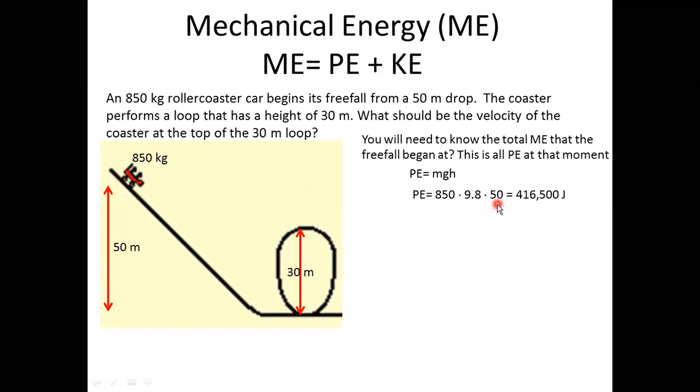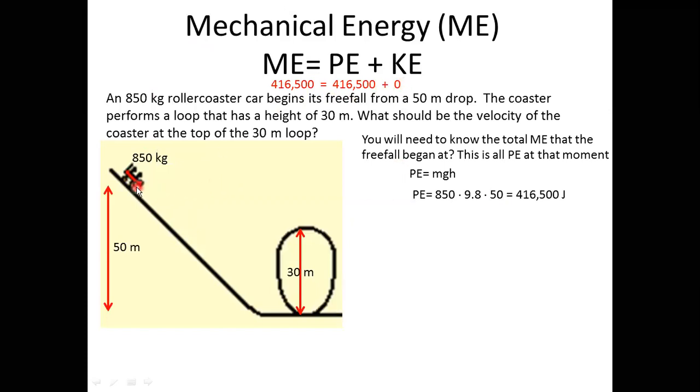We end up with an initial amount of energy stored as potential energy of 416,500. So all of our mechanical energy happens to be potential energy to begin with. There is zero kinetic energy before the coaster starts. It's not moving, so we say it's 0.